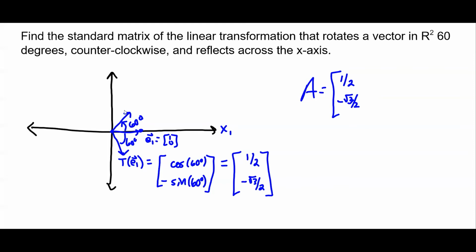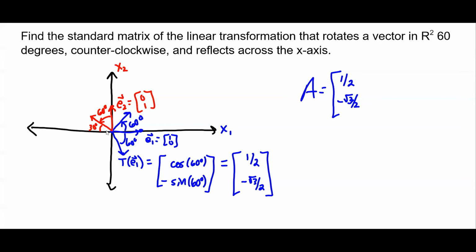So now, since we're in R2, we just have to do this for E2. E2 would be here along the y-axis, or x2 axis. This is E2. It's (0, 1). We're going to rotate it 60 degrees this way. That means this angle is 30, right?